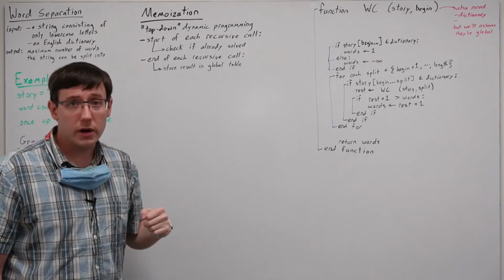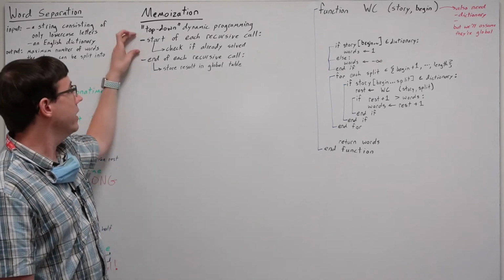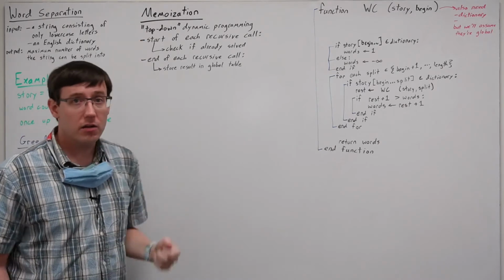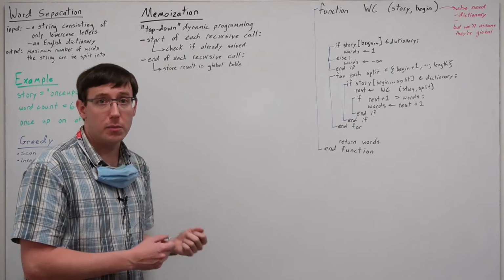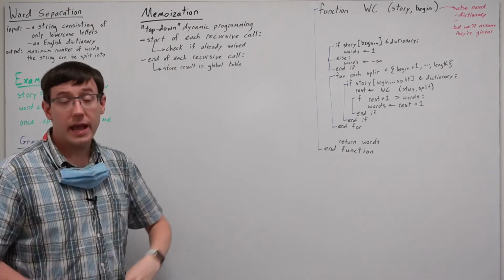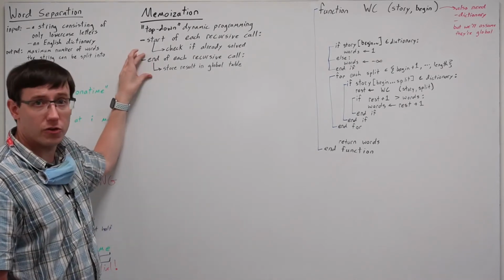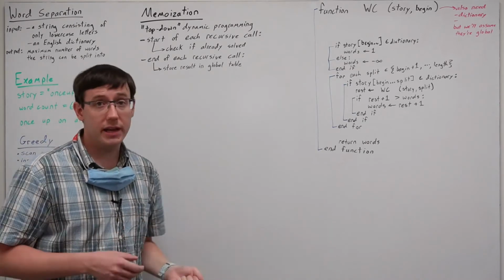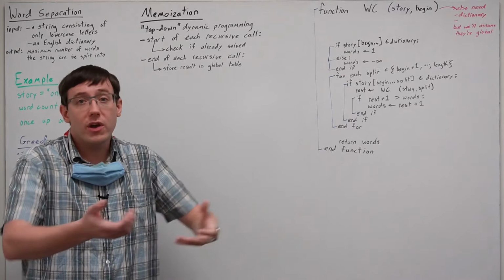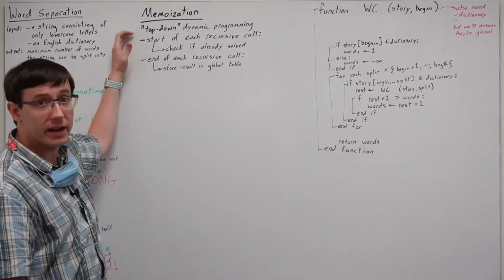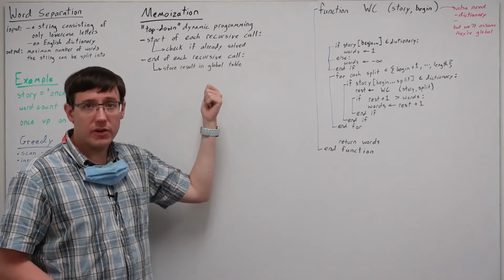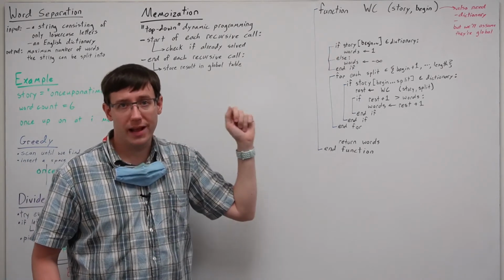Our recipe for accomplishing this is to add at the top of each recursive call a check for whether this subproblem has been solved before, and to add at the bottom of each recursive call a line to store the result in a global table so that we can look it up later if we encounter the same subproblem. So let's make these modifications to our word count algorithm.